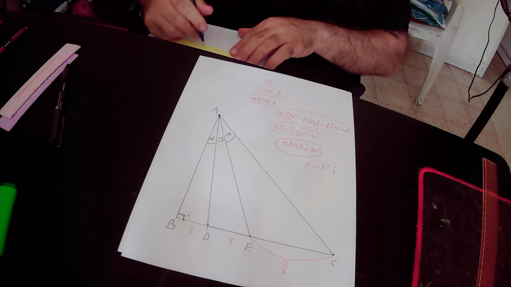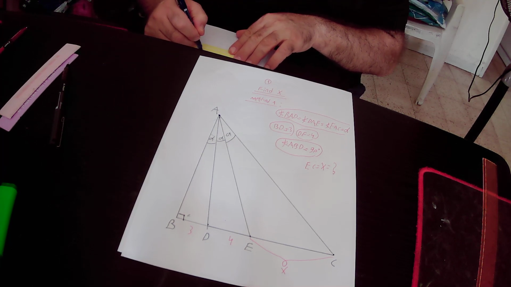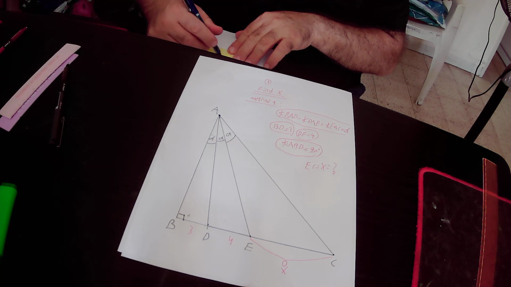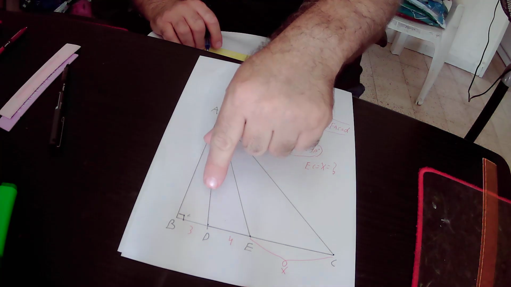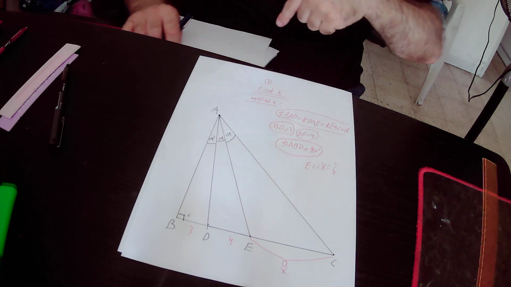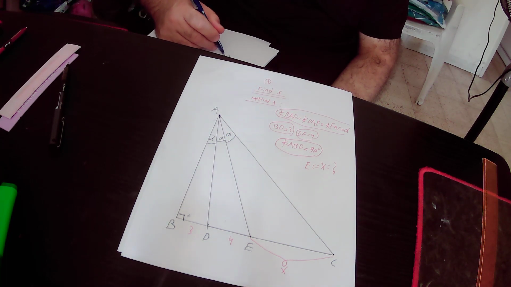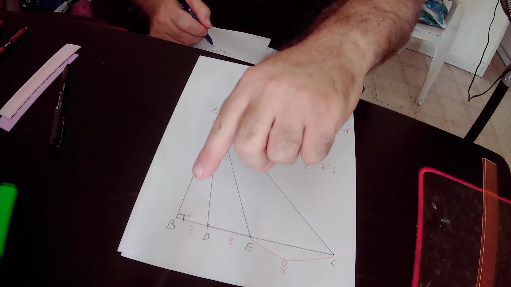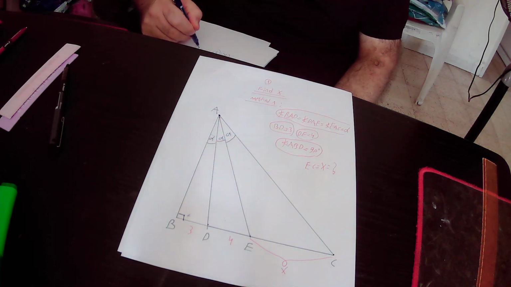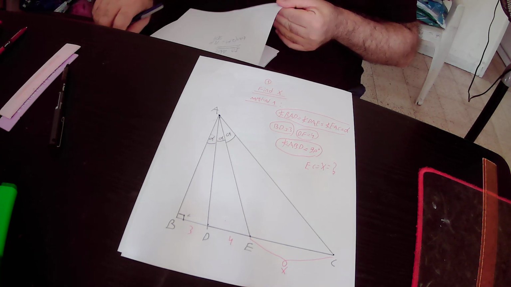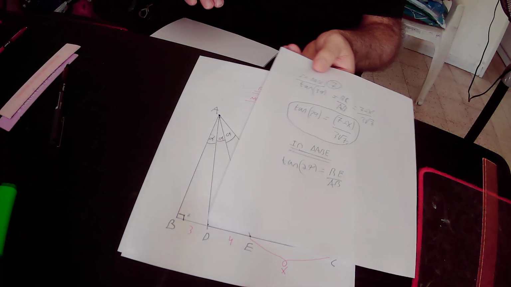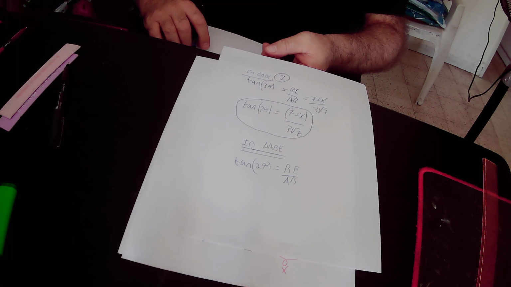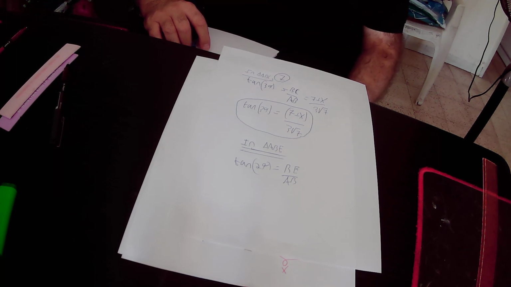On the right triangle, triangle ABE, we know that tangent 2 alpha equals to BE over AB.